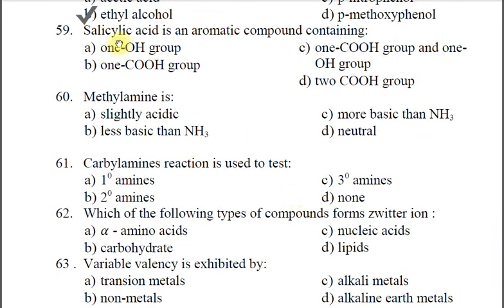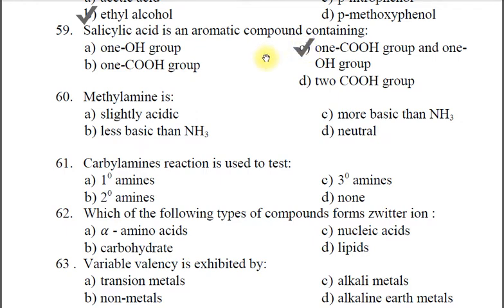Question number 59. Salicylic acid is an aromatic compound containing one hydroxyl group and one carboxyl group, or one hydroxyl group and two carboxyl groups. The correct option is that it contains one carboxyl group and one hydroxyl group.